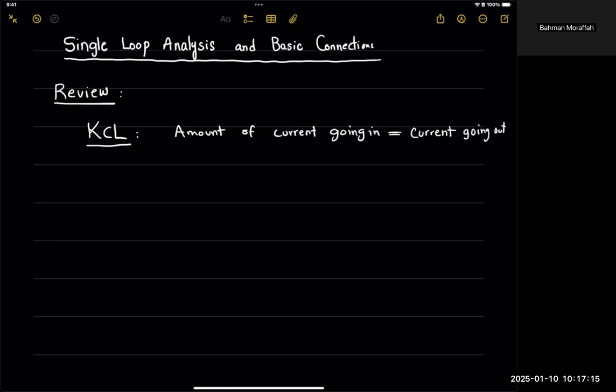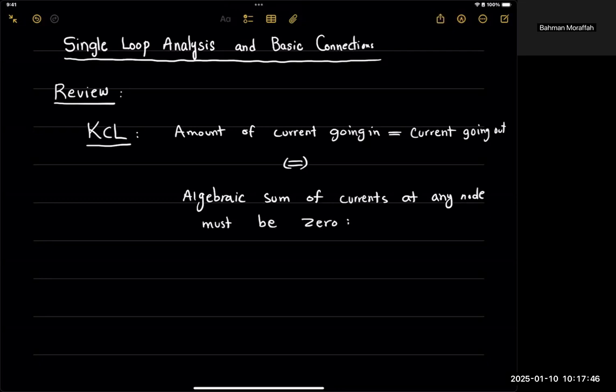And we said we can state that in another way: if I add all the currents up with their corresponding signs, it should add up to zero. Equivalently, the algebraic sum of currents at any node must be zero.